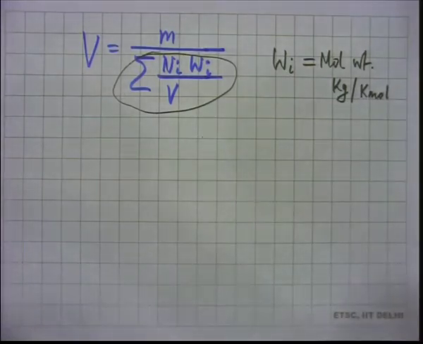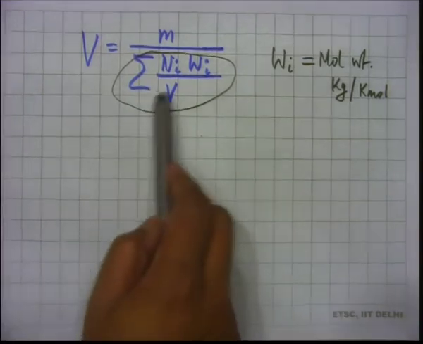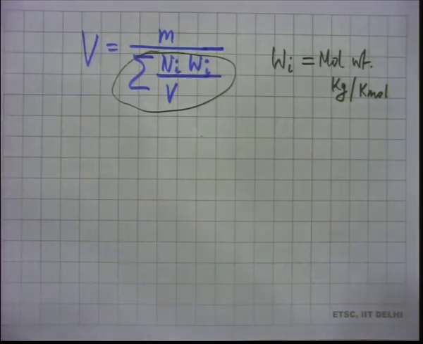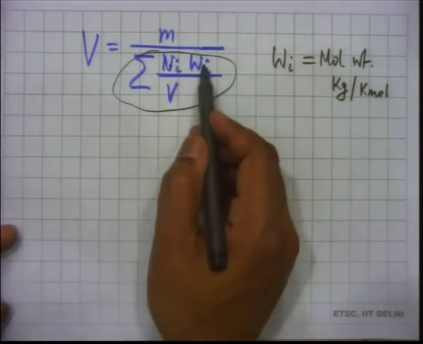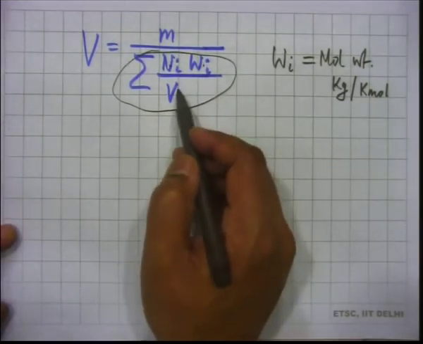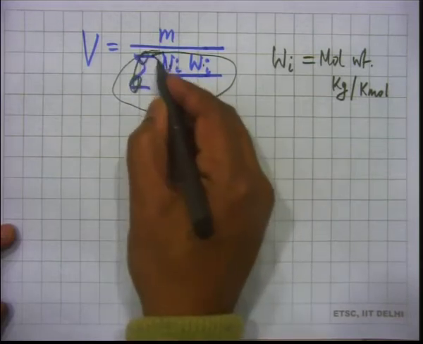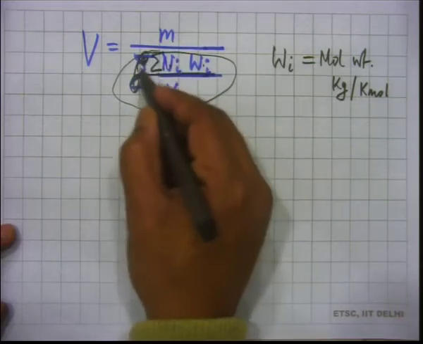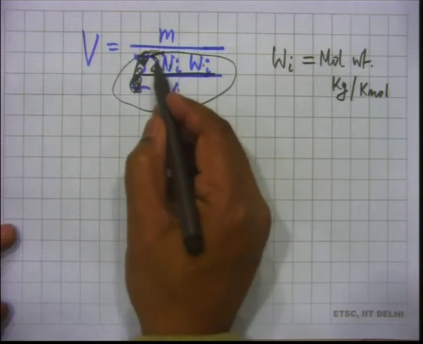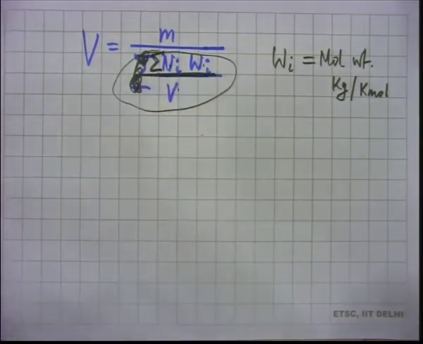That molecular weight has a unit, right. So, does this make sense now? Because summation Ni Wi must be the mass, and mass divided by volume gives you the density. Actually, we should write it more like this, so you understand better: summation on the top, and volume of course is just one quantity. So, this gives you another equation.